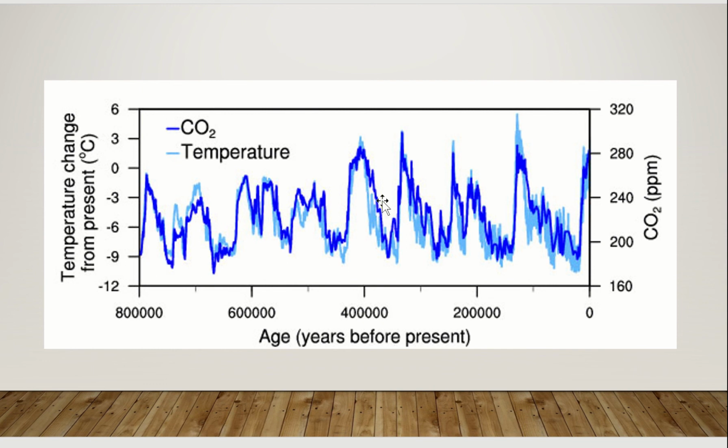If you see, they overlap nearly identically. Let me just describe what the axes are showing you. On the horizontal axis, you have the age from 800,000 years ago, going backwards up till present, which is 0. That's usually how we describe prehistoric data.